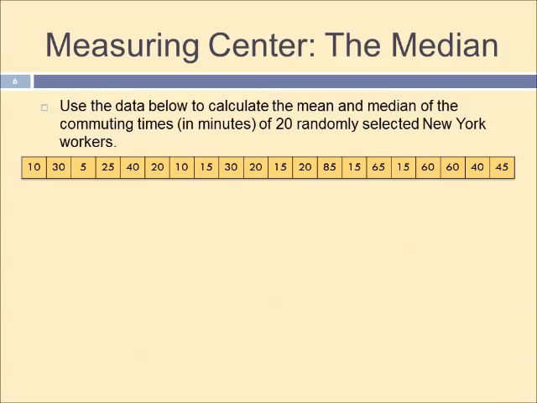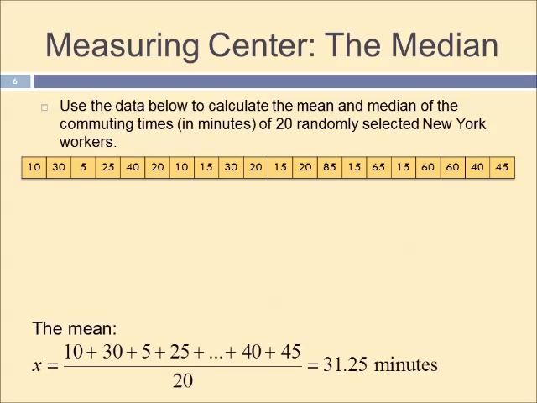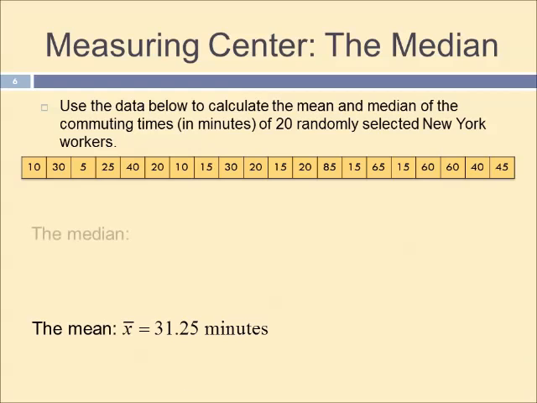For example, suppose we have the commuting times in minutes of 20 randomly selected New York workers, and we'll calculate the mean and median. The mean: just add up the values and divide by the number of numbers. In this case, the mean is 31¼ minutes.